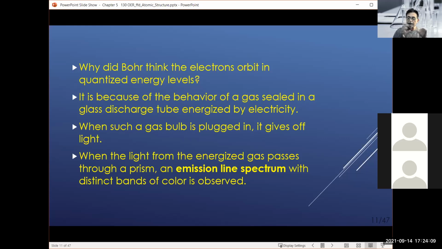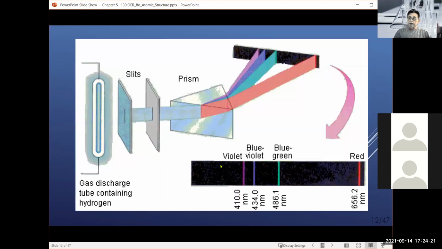Now, if we take that light that's emitted and we run it through a prism, we will collect what's called an emission line spectrum, sort of like this setup. You get the tube, you run it through slits, and that's just to focus the light. And you run it through a prism.